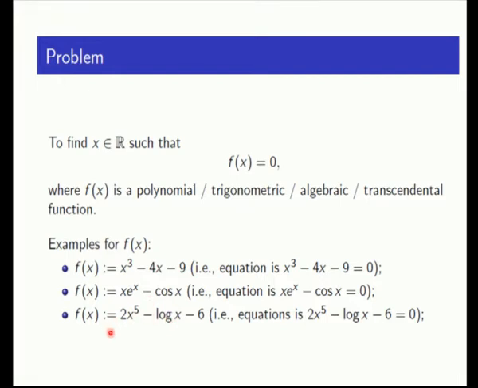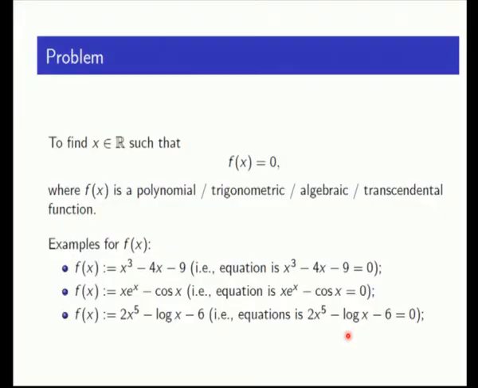F could be 2 times x power 5 minus log x minus 6. In that situation we are going to discuss 2 x power 5 minus log x minus 6 equal to 0. So f can be any equation. We are going to discuss the method to find the solution to that equation, basically the roots of the equations.